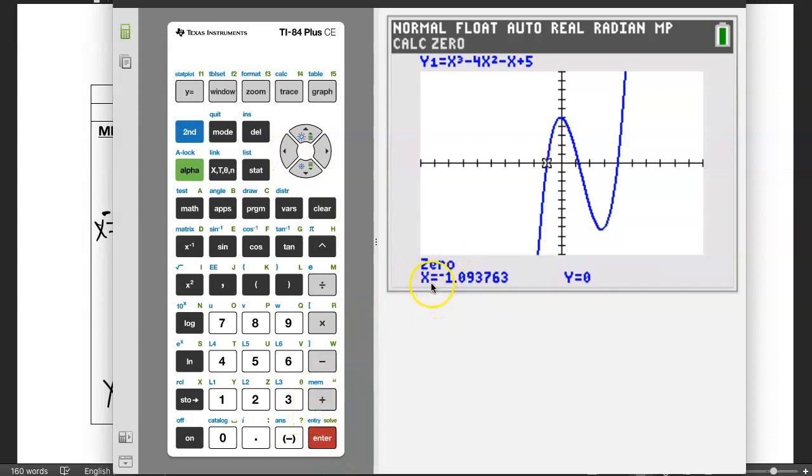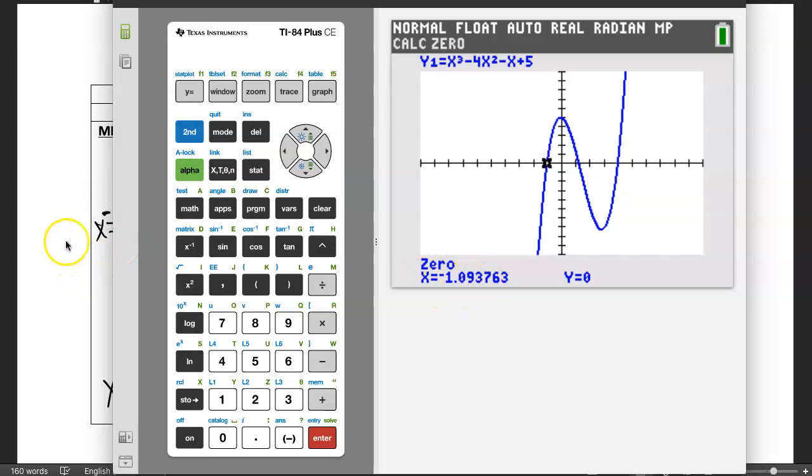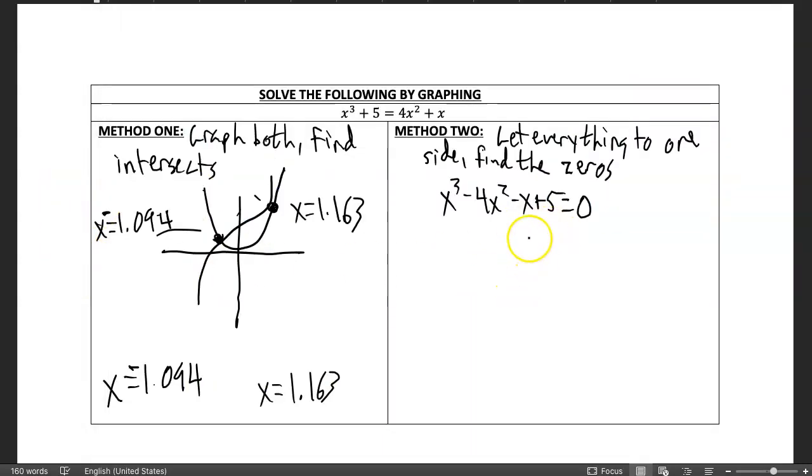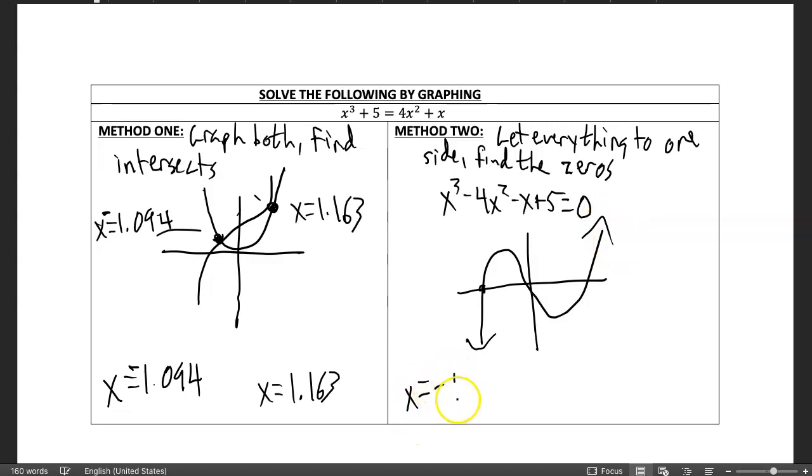Our first solution here is negative 1.094, just like we had before. So let's sketch this and put that down. Our graph looks something like this. Our first point over here, we had x is equal to negative 1.094.